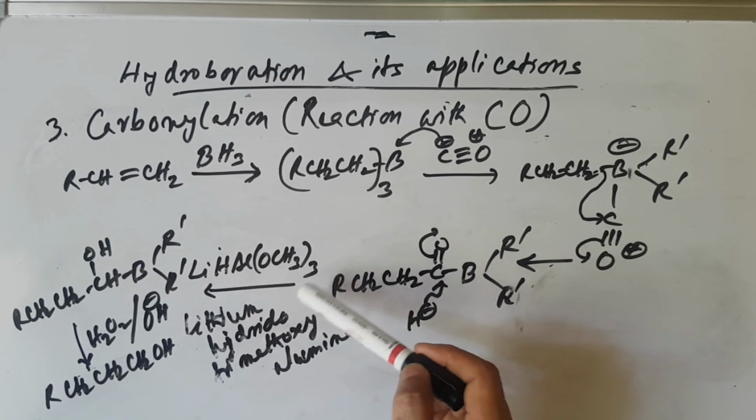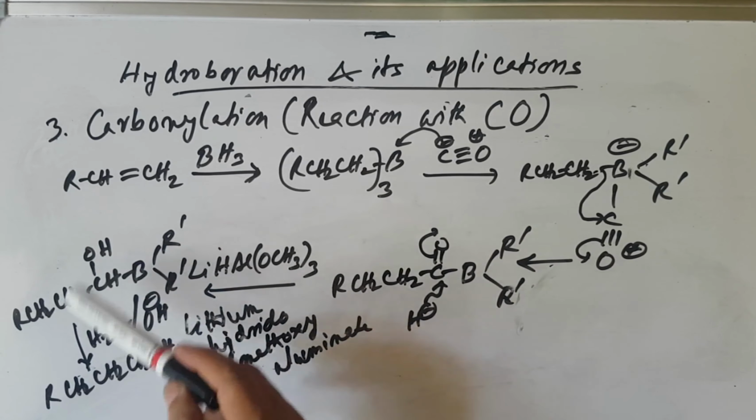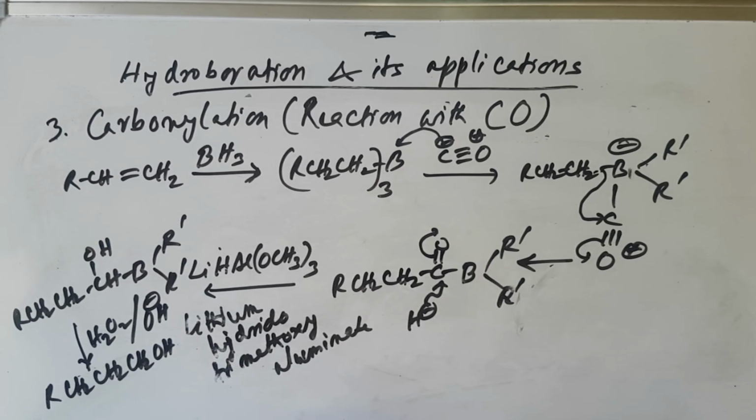Then hydrolysis gives this product, and finally oxidation with hydrogen peroxide in the presence of sodium hydroxide alkali gives this alcohol. Okay, so these are the applications of hydroboration. Hydroboration products can undergo oxidation, hydrolysis, protonolysis, and carbonylation, so we can have 3 types of reactions.